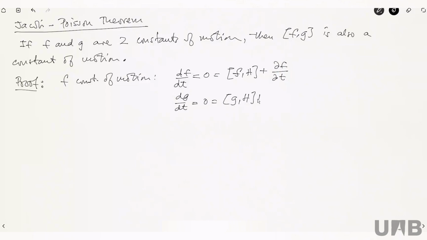The bracket of g with h plus partial of g with respect to time, the explicit time dependence, okay? So the theorem says that then, this is the thing that we would have to prove. Then the derivative with respect to time of the Poisson bracket of f and g, which as the total derivative of anything, is going to be the Poisson bracket of the thing with h plus, this is a plus, huh?